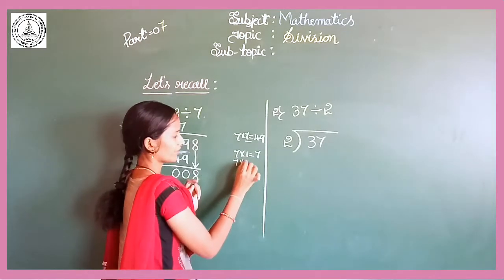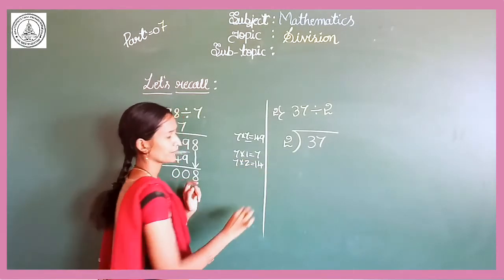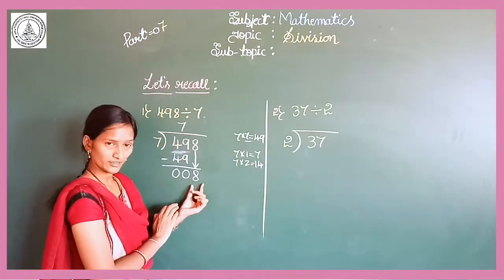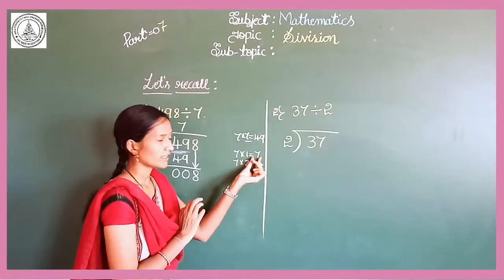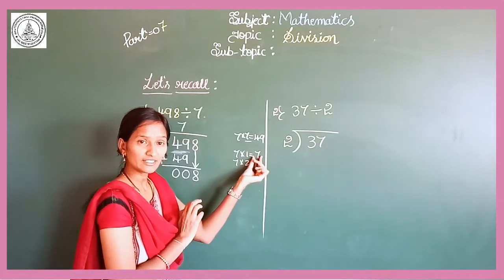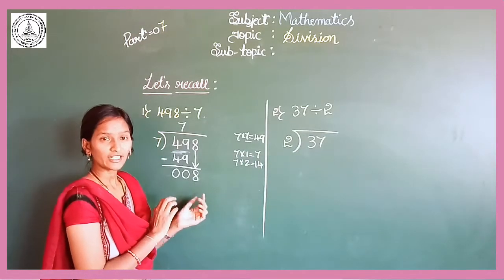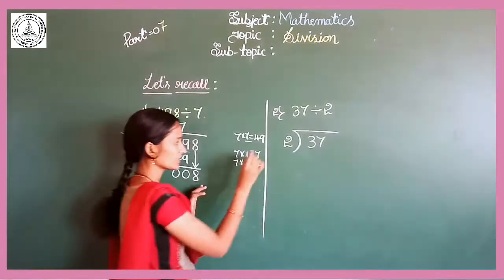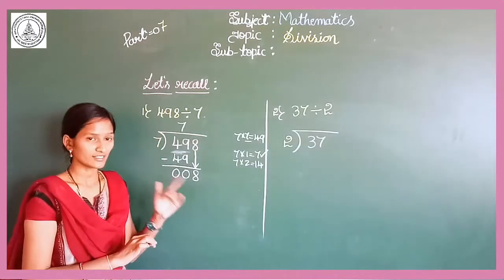The next, 7 2s are 14. This 14 is a big number compared to this 8. But 7 1s are 7. This 7 is a small number and it is very close to this 8. So now I am choosing 7 1s are 7.